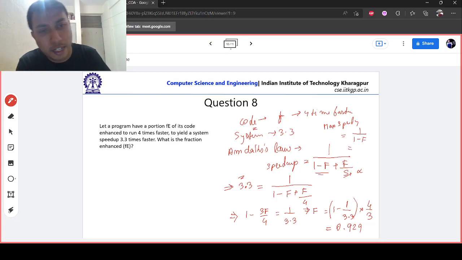So here the maximum speedup will be 1 divided by (1 minus 0.929), which will be 14.08. So that can be the maximum speedup.